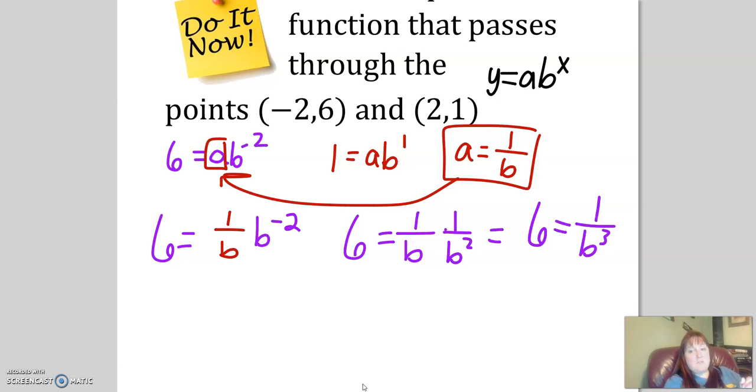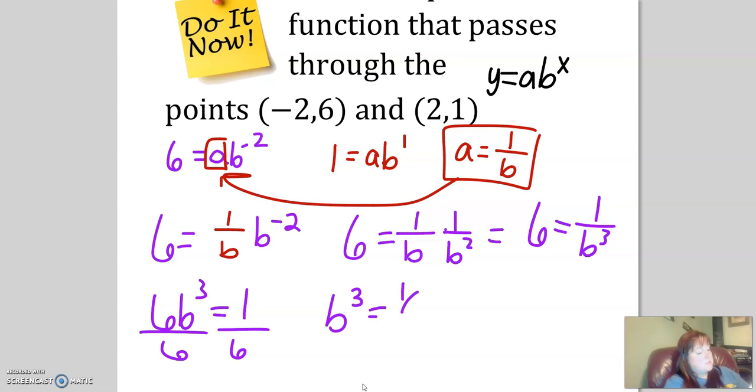Okay, and so then we have to get b by itself. We have to figure out what b is. So we multiply both sides by b cubed, and we get 6b cubed equals 1. We divide both sides by 6, and we get b cubed equals 1/6. We take the cube root, so we get b equals 1/6 to the 1/3, which is going to be just some weird decimal.